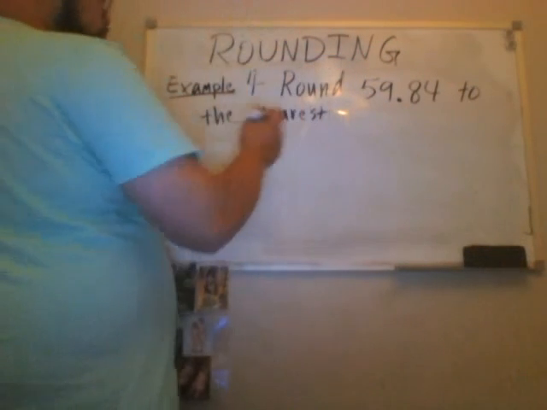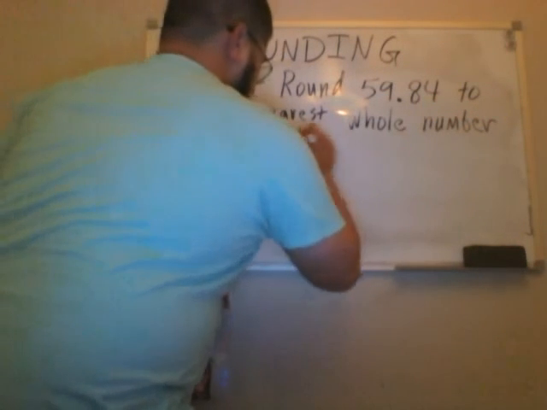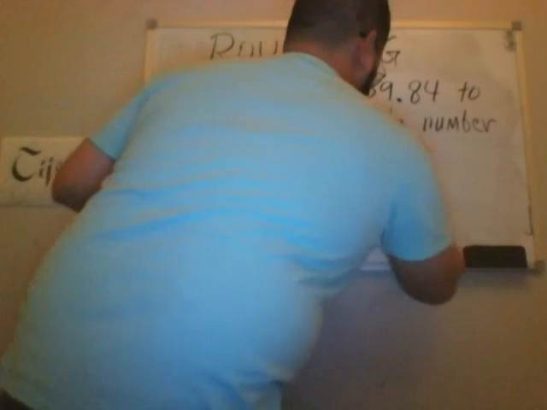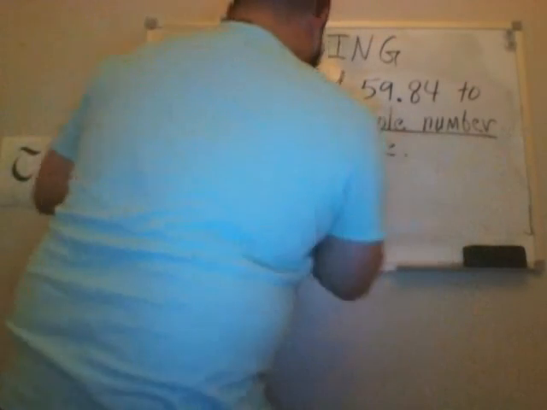Round 59.84 to the nearest whole number. Or you can say ones place, okay? So round 59.84 to the nearest whole number, or the ones place.